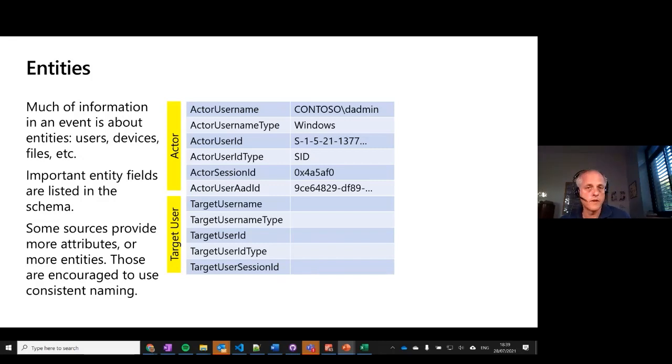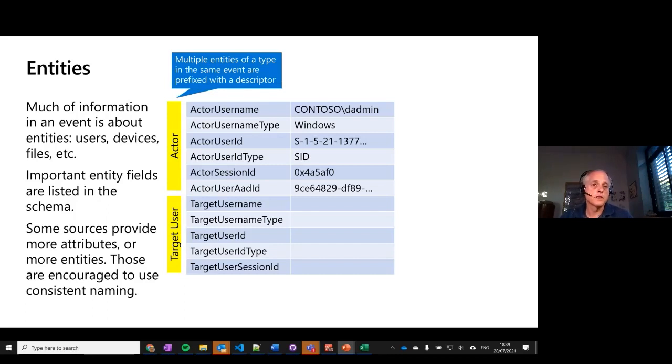It's not part of the schema, but you can use the process event documentation to find what the fields will look like. We encourage parser writers, if the fields are not in the schema, to still maintain consistency with other schemas that may represent the same information. So how are users or entities in general represented?